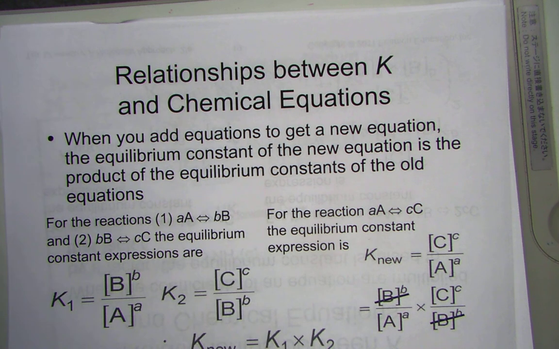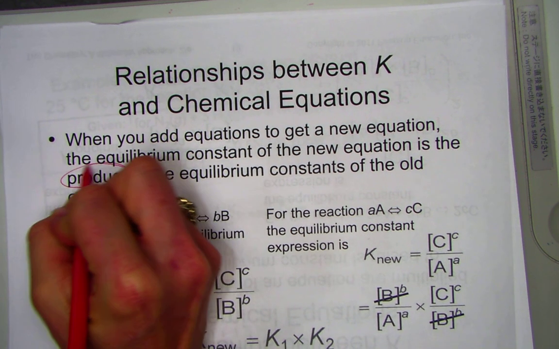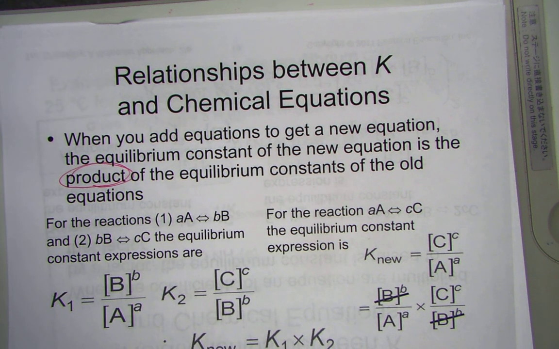And finally, when you add equations together, as what Hess's law asks us to do, to get a third new equation, the equilibrium constant of the new equation is the product of the equilibrium constants of the old equations. When I add reactions together, I multiply their equilibrium constants.